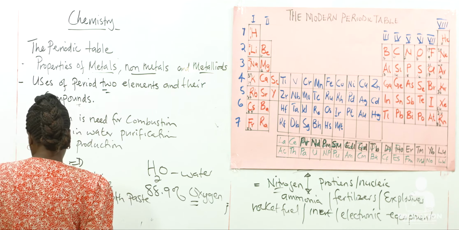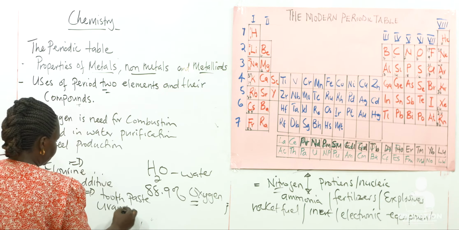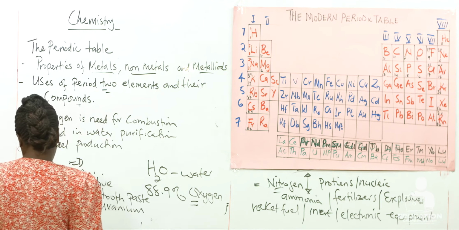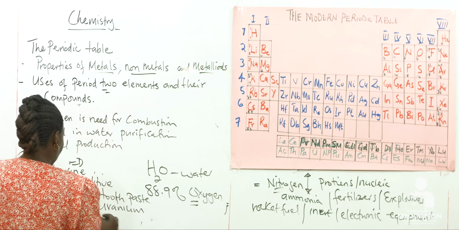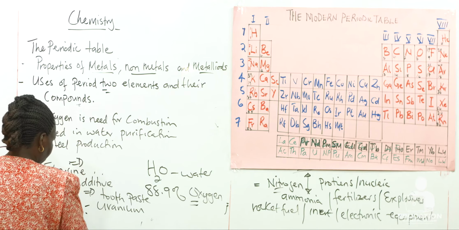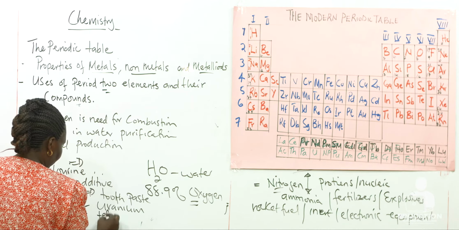It is used in uranium enrichment. It is also used for making Teflon.